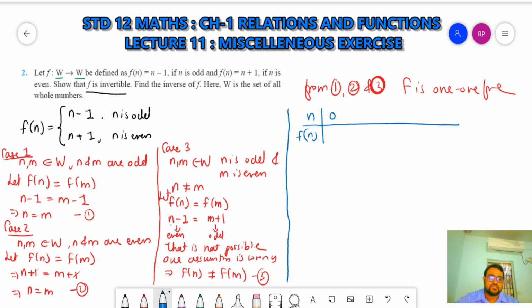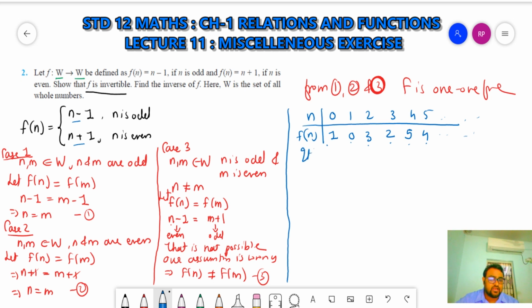Now, whole numbers, so I can take 0, 1, 2, 3, 4, 5, and so on. 0 we will consider even, so 0 plus 1 is 1. 1 is odd, so 1 minus 1 is 0. 2 is even, 2 plus 1 is 3. 3 is odd, 3 minus 1 is 2. Then 5, 4. You will get 0, 1, 2, 3, 4, 5, and it will continue. That means you will get all the whole numbers. So this is the range.